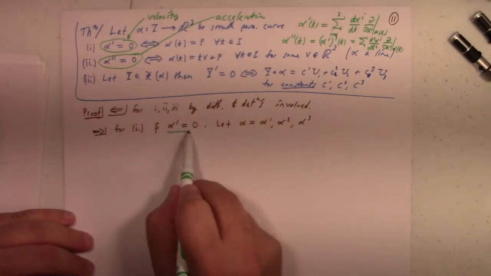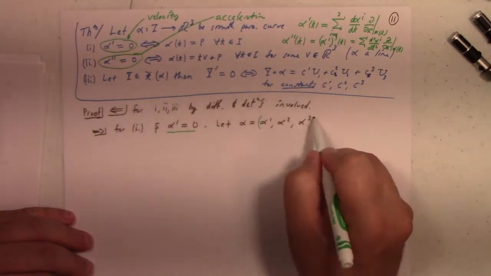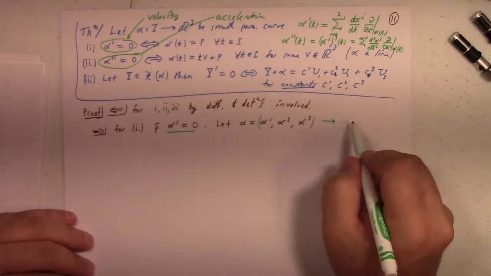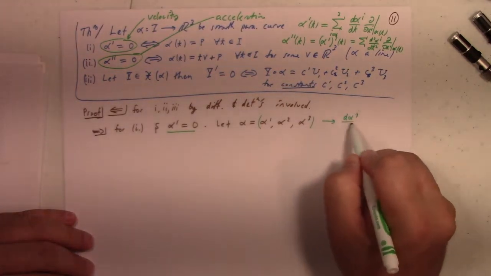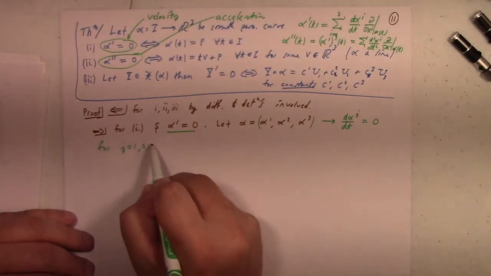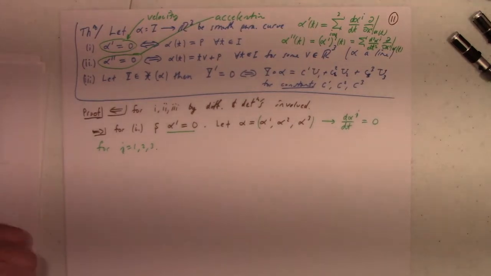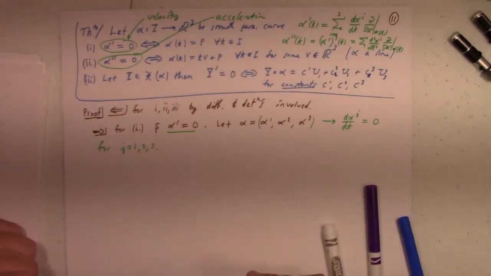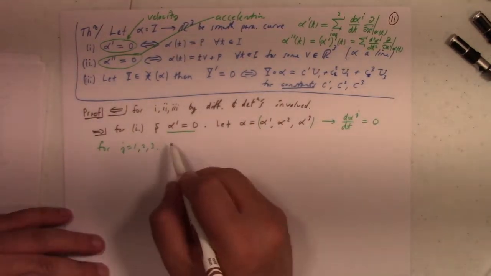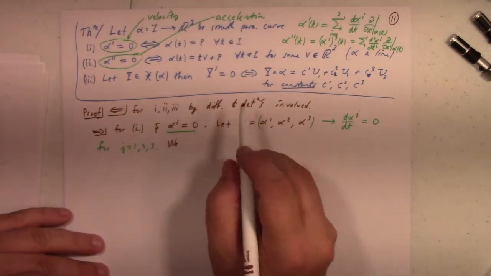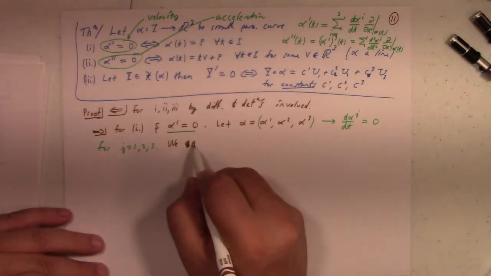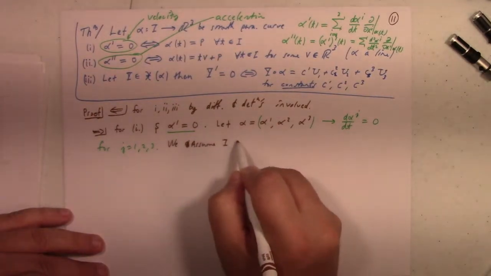So suppose the velocity is 0. If the curve has these components, then the condition that the velocity be 0 amounts to d alpha j dt equal to 0 for j equals 1, 2, and 3. It should go without saying, it is universally the case in my notes, that when I talk about the interval I, we assume that I is connected.